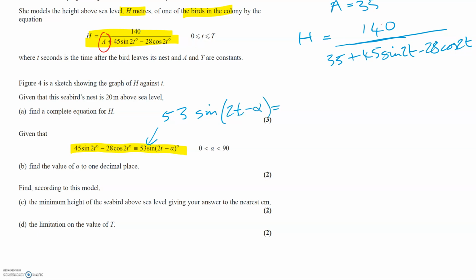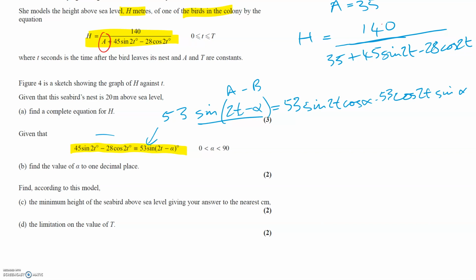So our expansion would be sine 2t cos alpha minus cos 2t sine alpha. Remember, that's just the addition formula, just like a minus b. Just tidy that up a bit. So we've got 53 outside.